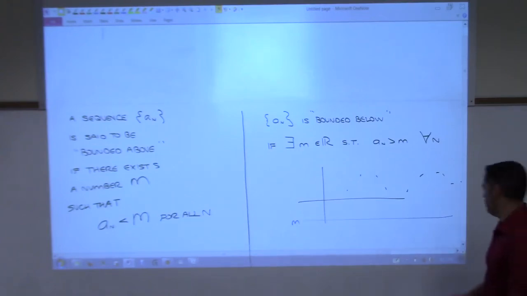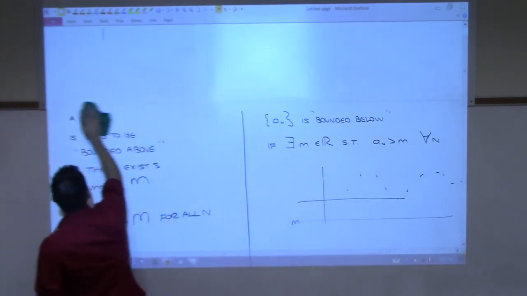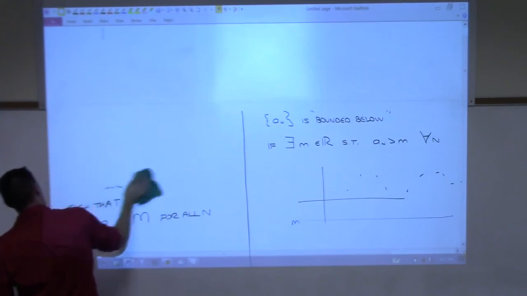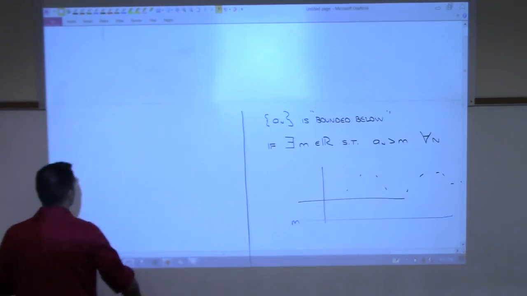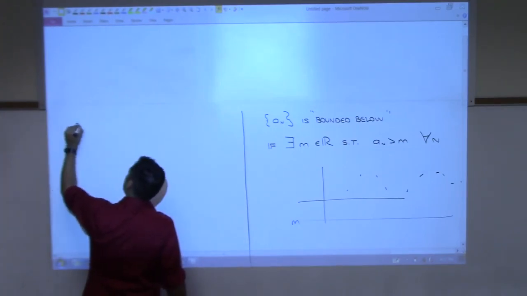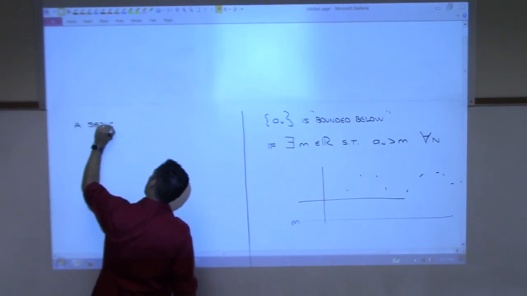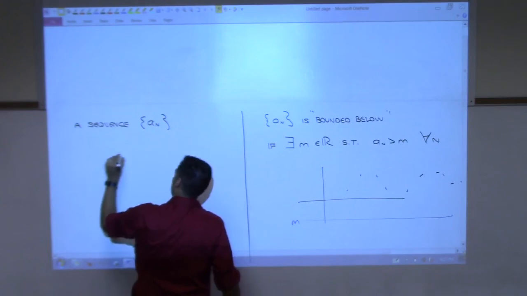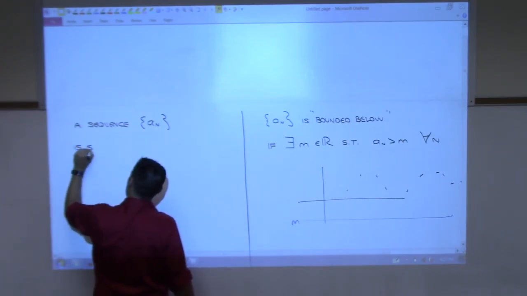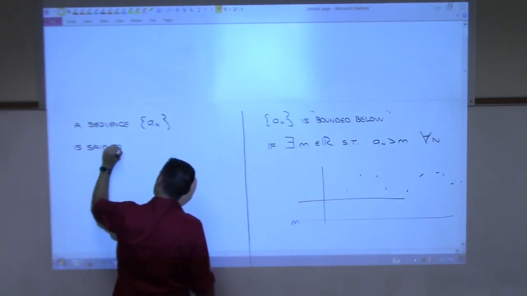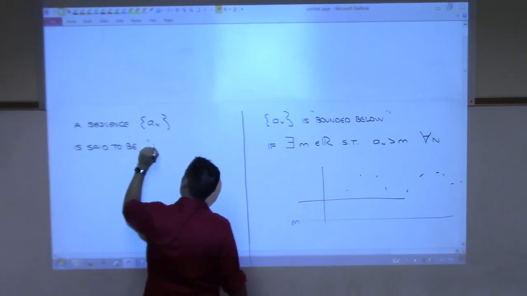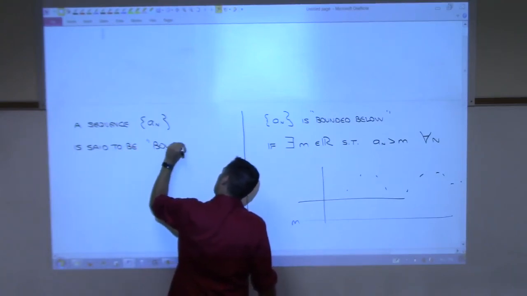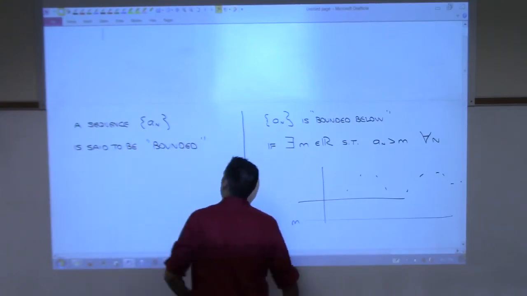One more definition, and then one more theorem. A sequence A sub n is said to be bounded, and I'm going to ask for your opinions here. We're going to take a vote.